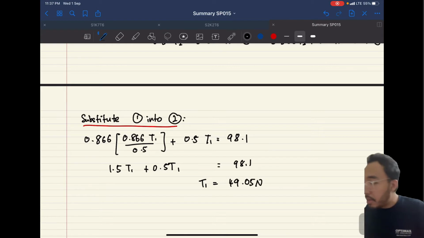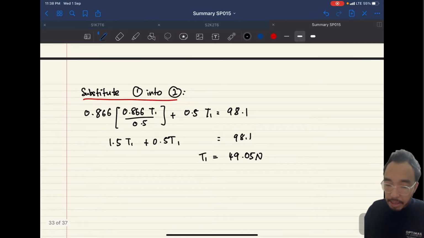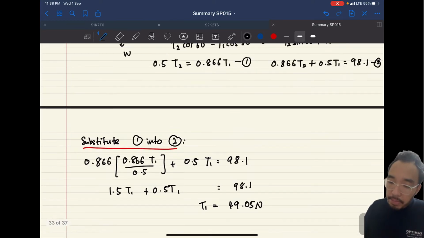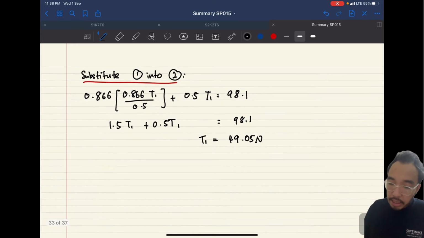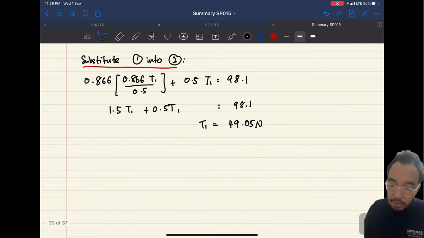I think it is slightly different from the final answer, but it's okay, just a matter of decimal point. Anyway, now I have this number, I can substitute it back into the first equation to make it easier. So substitute into 1.